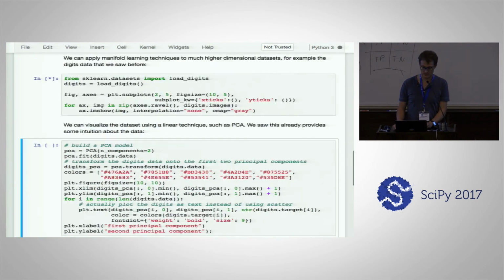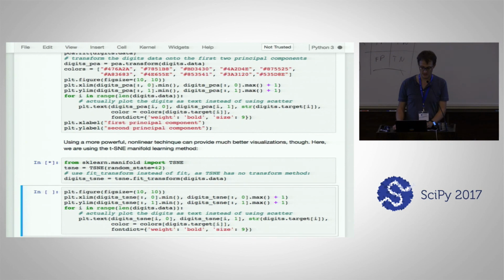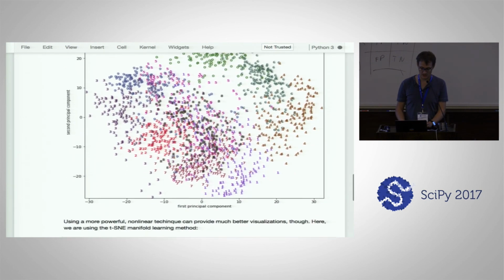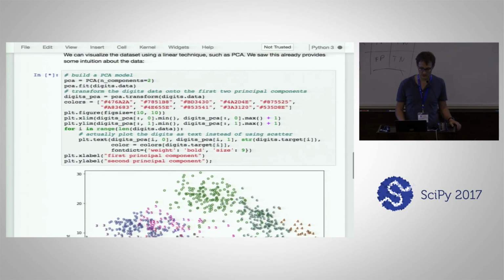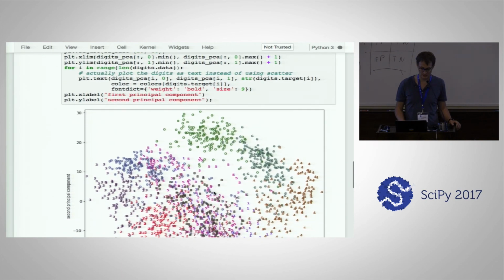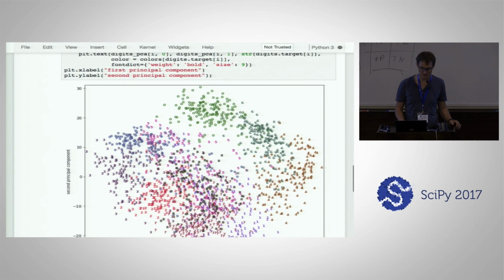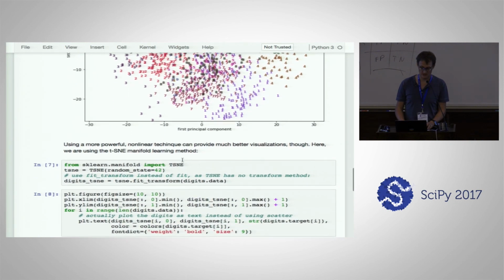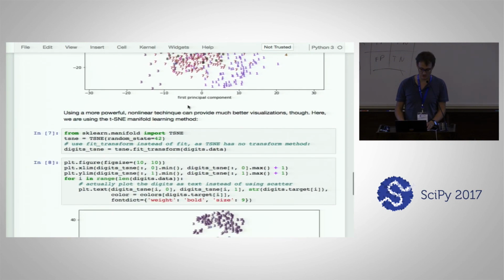Let's illustrate this with digits and show you how you can represent the digits in low dimension using PCA. You see that the digits are a bit overlapping. There's no clear distinction, but still it looks okay in 2D. And yes, the zeros are far from the ones, and there's still some clusters that emerge.